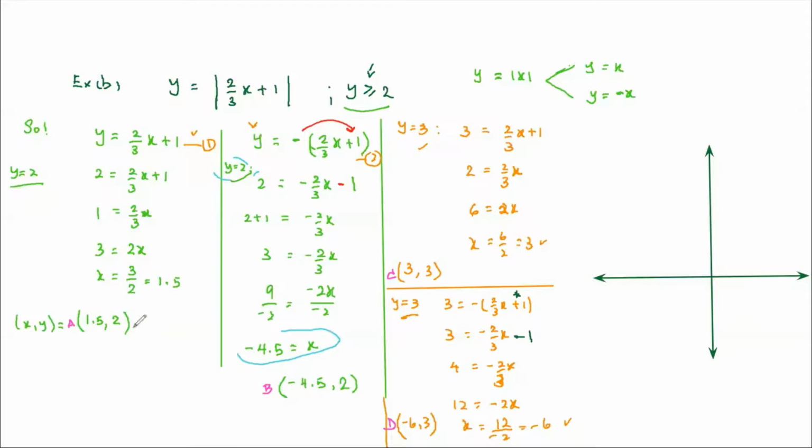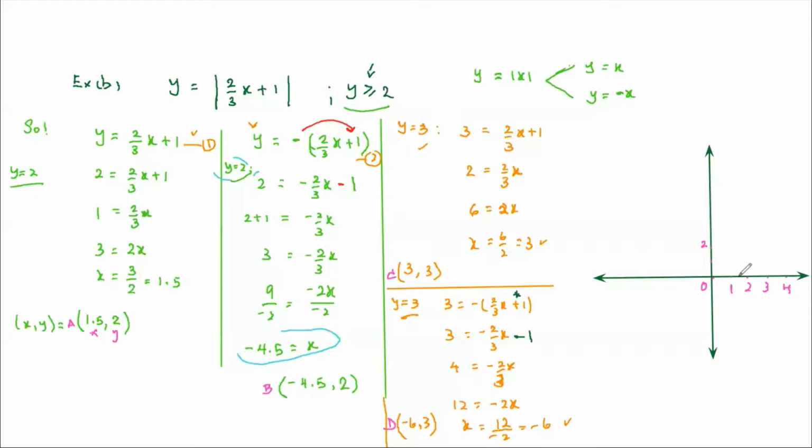So now you plot this one first. X equal to 1.5, y equal to 2. Now I just apply first 1.5 x. This is x. This is y. X is 1.5, so about here, about half between 1 and 2. Go up, y equal to 2. Say 1, 2, 2 here.